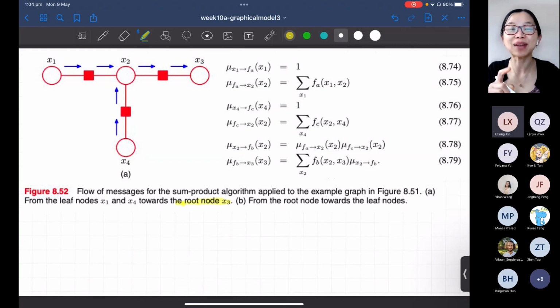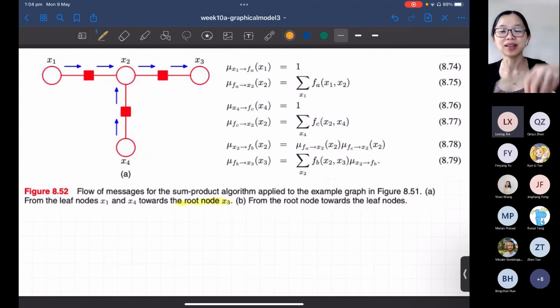As you can see, x2 as a root was the simplest because it's depth 2. If we use x3 as the node and hold this whole graph by x3, it's depth 4, so it has 4 different edges before we reach x1 or x4. So let's work on this more complicated case.